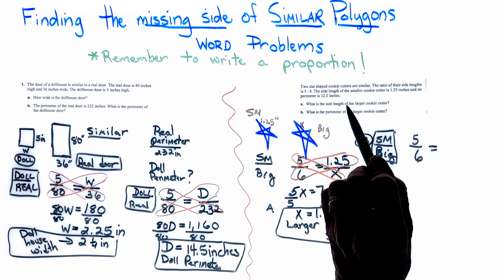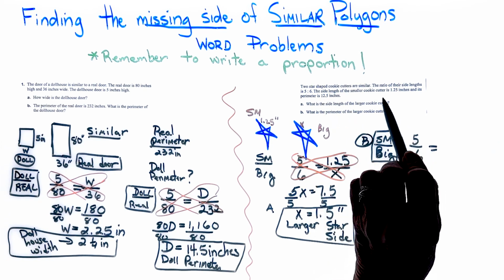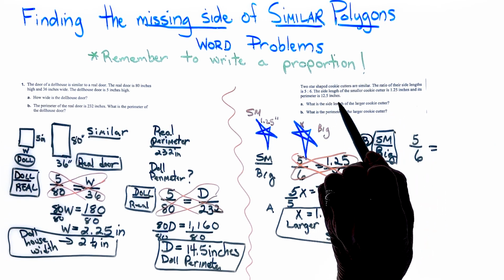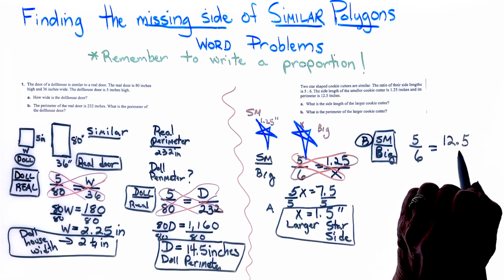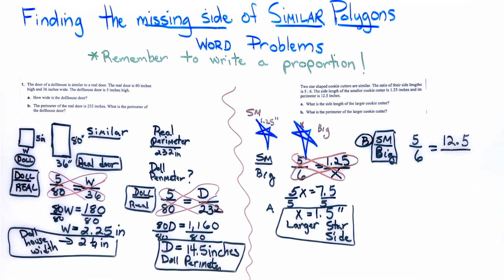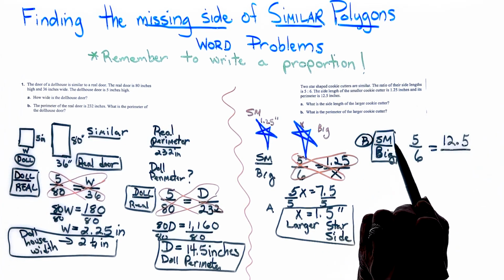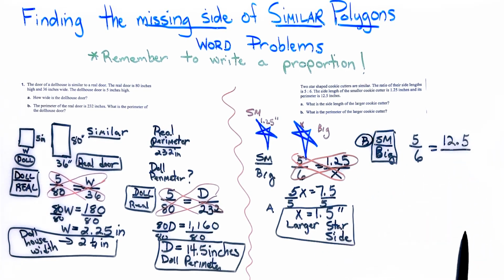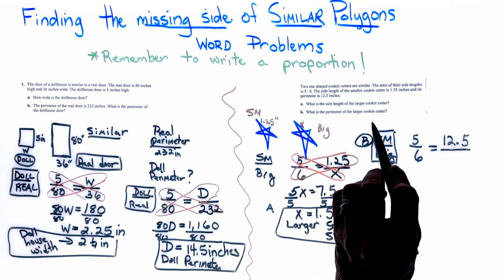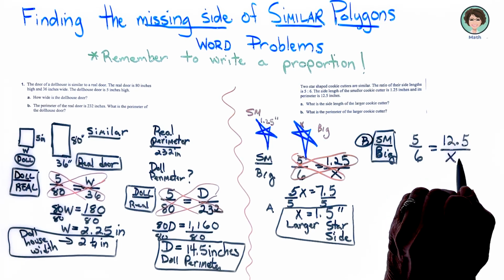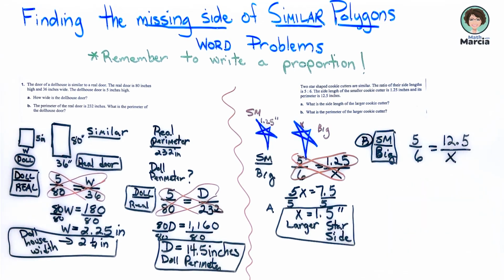In the question, they state the perimeter is 12.5 inches for the small. So that's where my 12.5 will be in my numerator. Small, small, small. In my denominator, I have my bigger one. And notice, what is the perimeter of the big one? Well, we don't know. So that's going to be our setup.